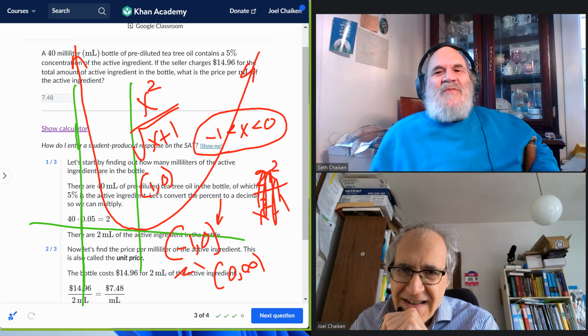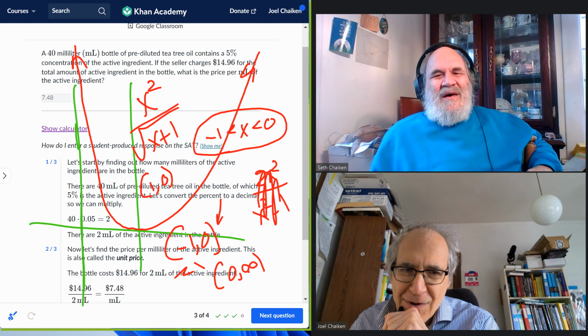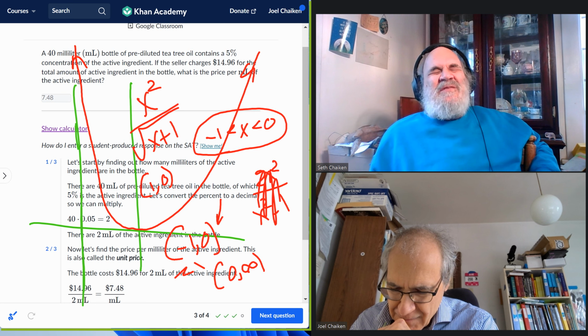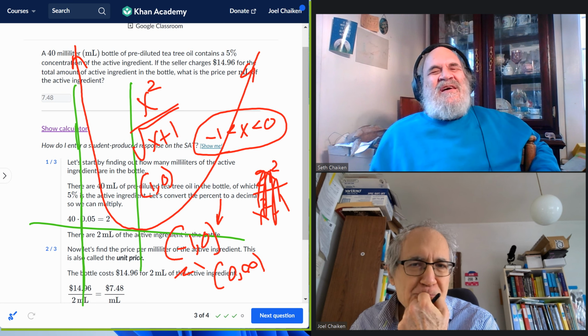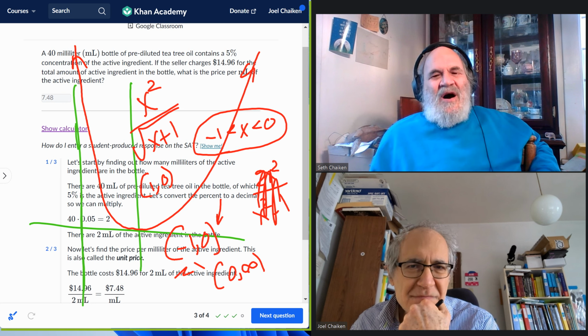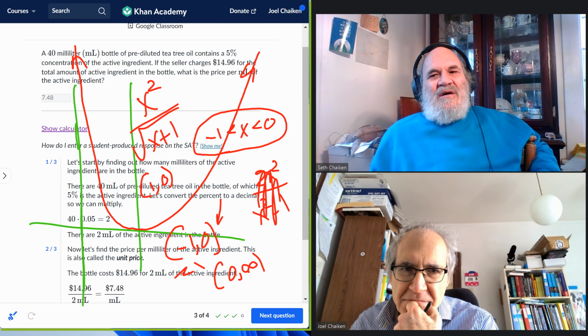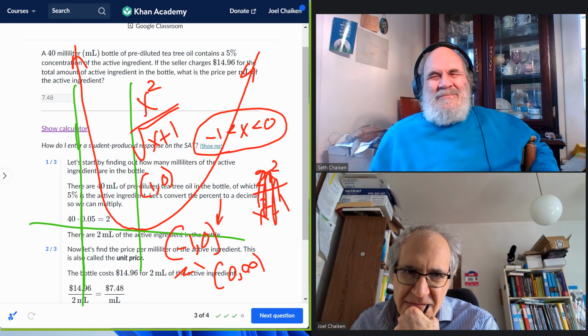It is also true that the function is decreasing on the half open interval, x greater than -1 and less than or equal to 0.